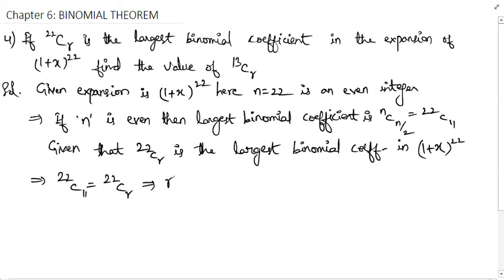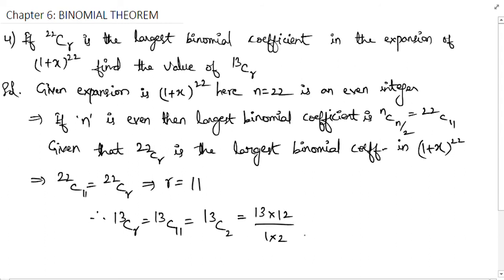So that implies R is equal to 11. So therefore 13CR is equal to 13C11, that is equal to 13C2. Okay, that is equal to 13 into 12 divided by 1 into 2, that is equal to 78. Okay, so this is our answer for the fourth bit.